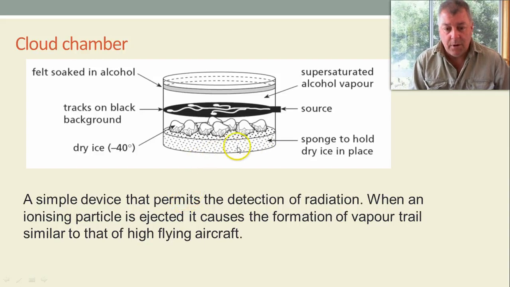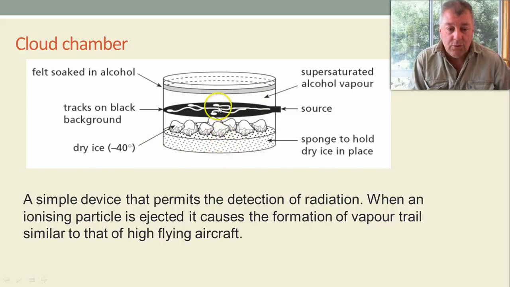If I can remember, I'll pull out the physical science one that we have, and basically it looks like this. You have a chamber in which there's usually a sponge, and you sit some dry ice on it, and dry ice being very cold makes the whole inside of the chamber cold.